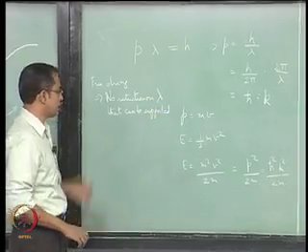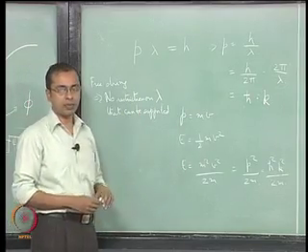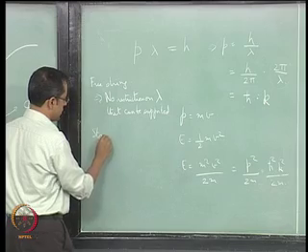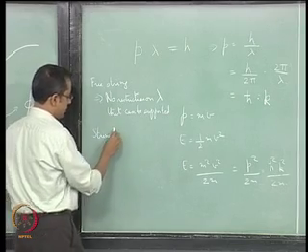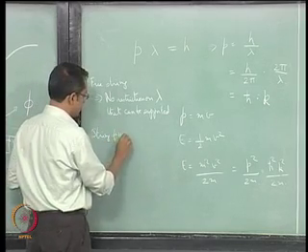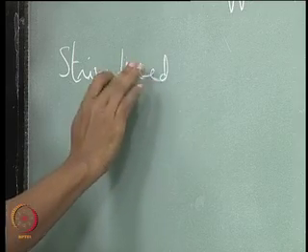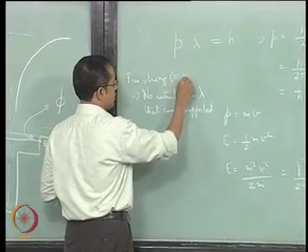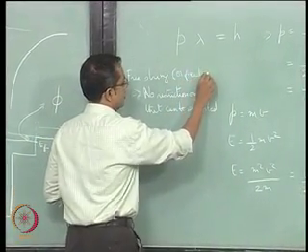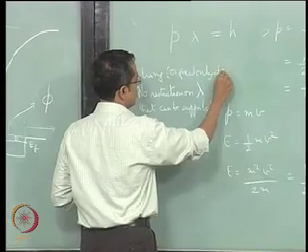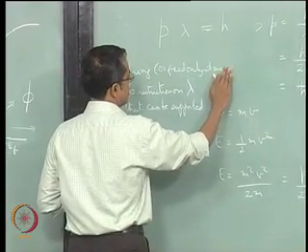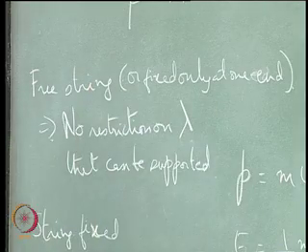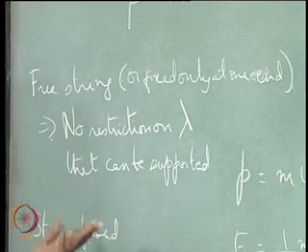Any value of lambda can be taken. In our case a free string also meant a string fixed only at one end. A free string, or something that is fixed only at one end, has no restriction on the value of lambda that can be supported.